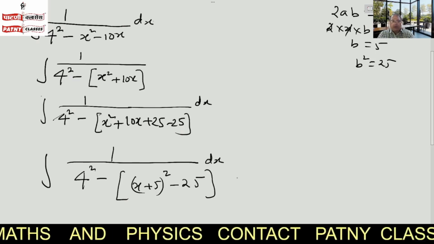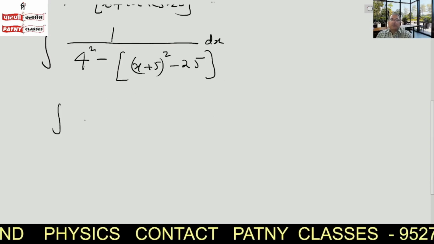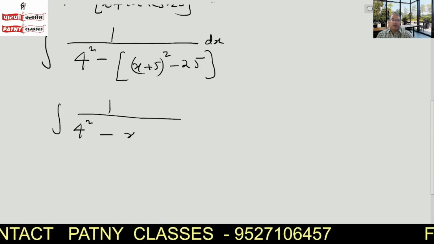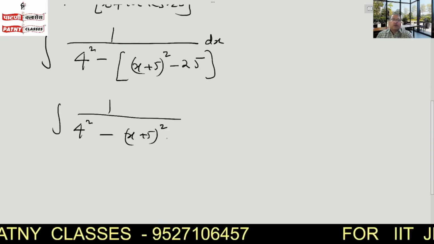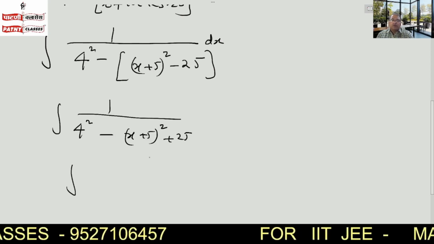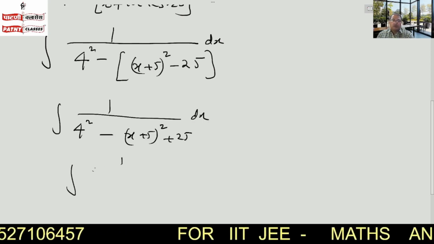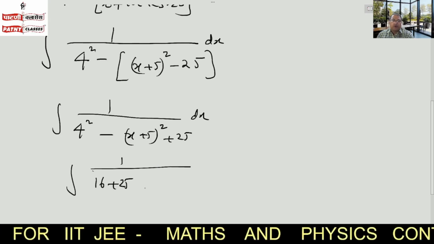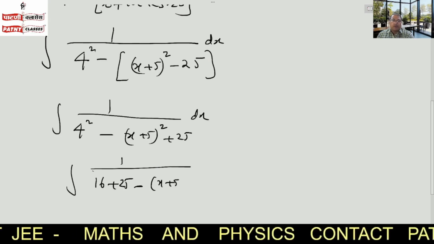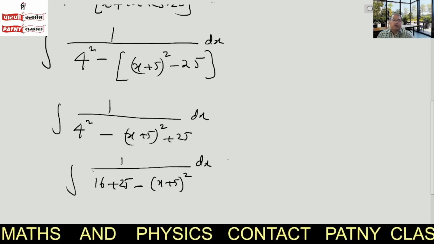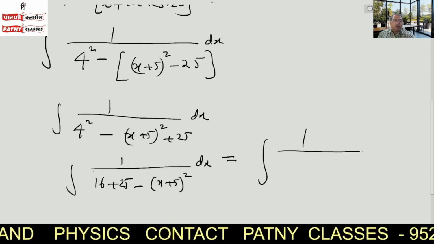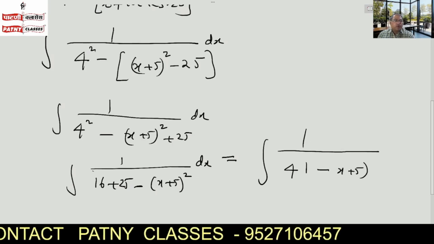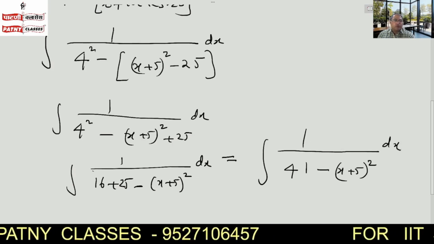Now opening the bracket, what will become? It becomes 4 square minus x plus 5 whole square plus 25. So with respect to x, 1 upon 16 plus 25 minus x plus 5 whole square with respect to x equals to 1 upon 41 minus x plus 5 whole square with respect to x.